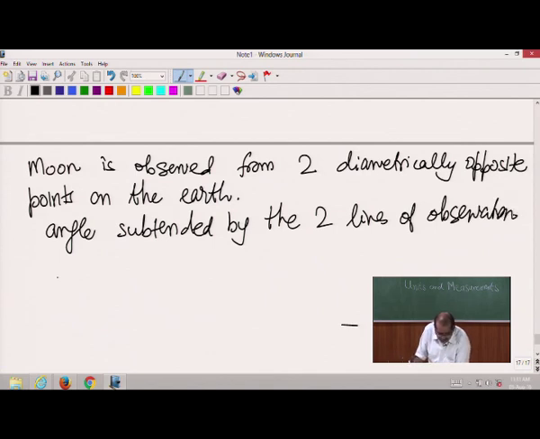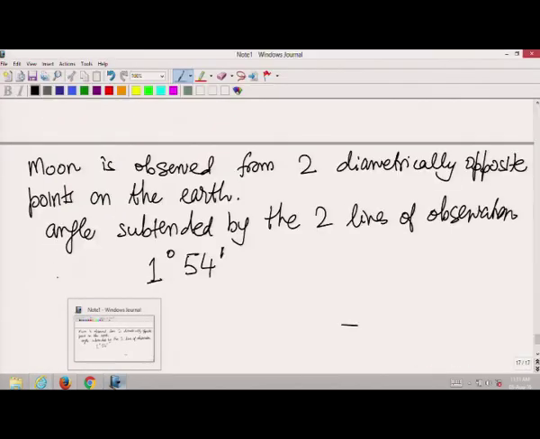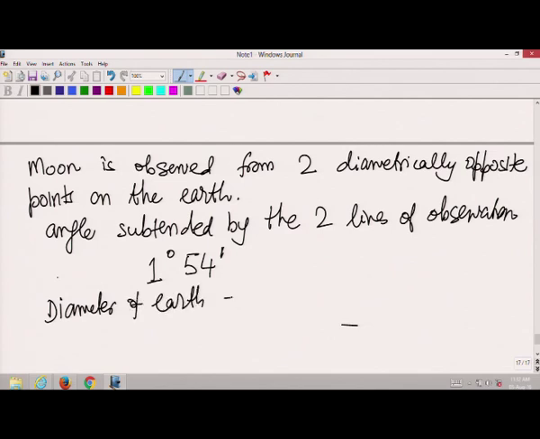This angle is given as 1 degree 54 minutes, and what is also given to us is that the diameter of the earth is equal to 1.276 into 10 to the power of 7 meters.